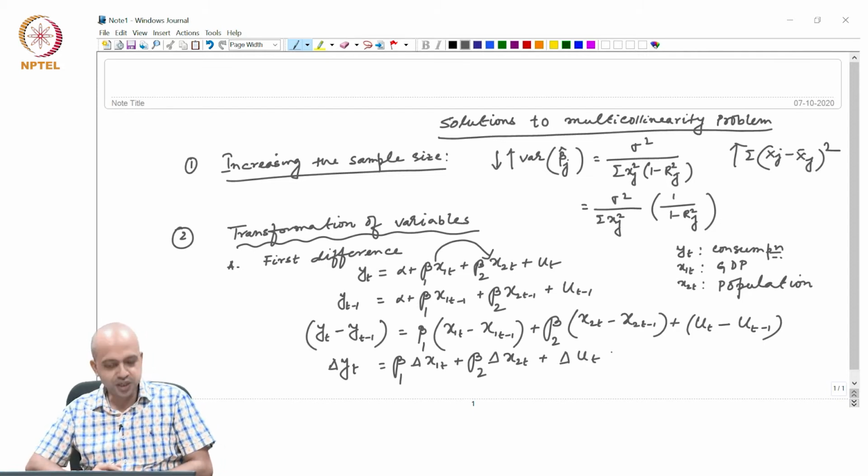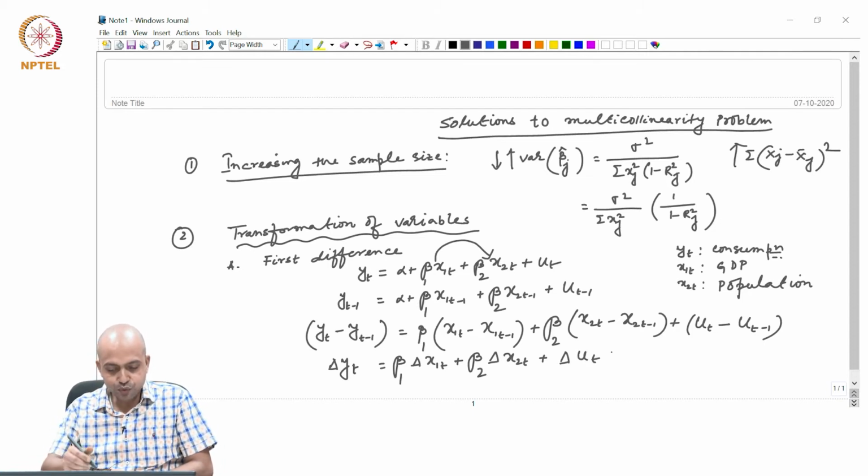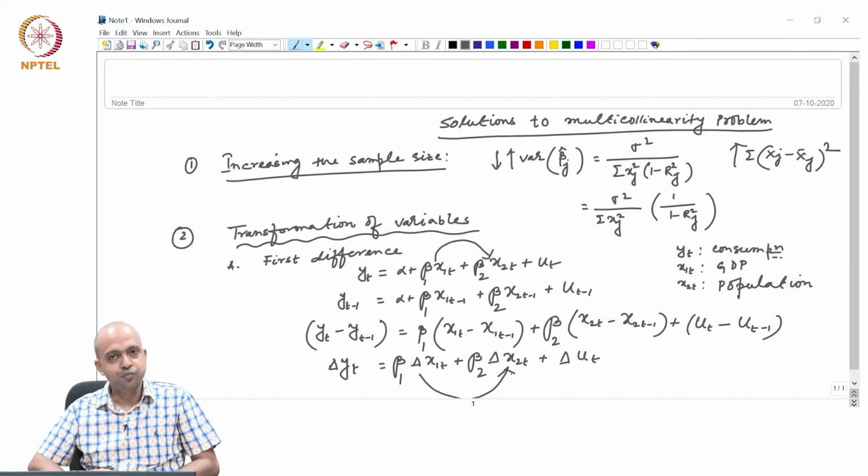That means just because x 1 t is correlated with x 2 t, we cannot say that delta x 1 t would be correlated with delta x 2 t, and even if they are, the severity of the correlation would be much lower when you take the difference, right. So, by doing the transformation, if you have time series data, when you take the first difference, then the severity of the multicollinearity problem goes down.